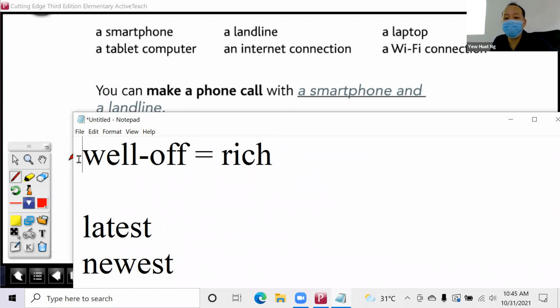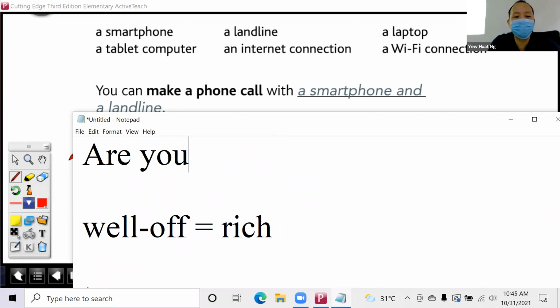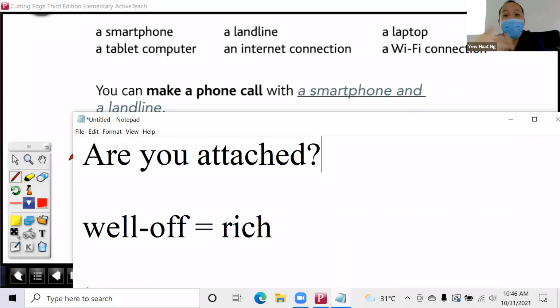So I can actually say, hey, Bo, are you attached? And what do you think is the meaning of are you attached? Are you attached is another way. Are you together? It actually means, do you have a girlfriend? Do you have a boyfriend? That is the meaning of attach. Attach means to put together.